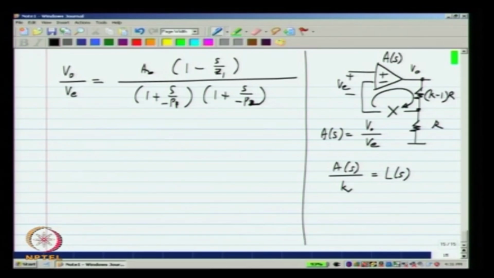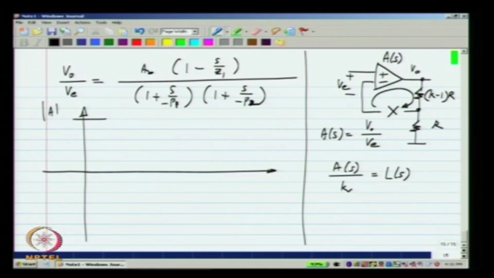Now, the loop gain depends on the value of k, which means that it depends on the amplifier that we are trying to implement. Okay. Now, let us say we take the op amp, and the gain of the op amp, A of S, has this magnitude. Okay.